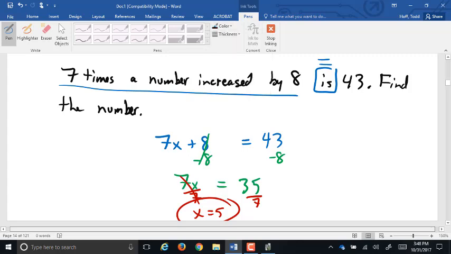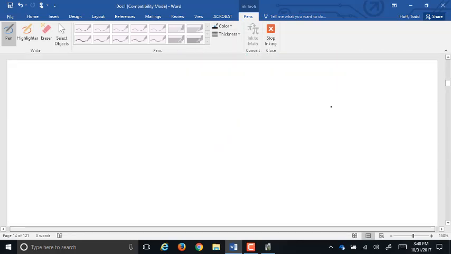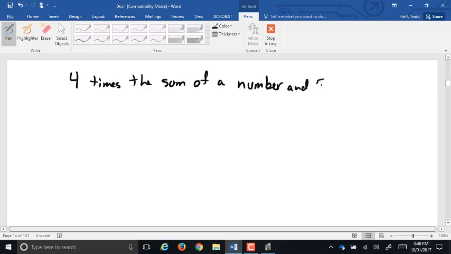I'm going to have you guys try one. 4 times the sum of a number and 5 is 44. Find the number.